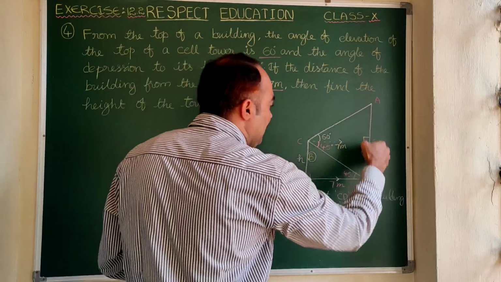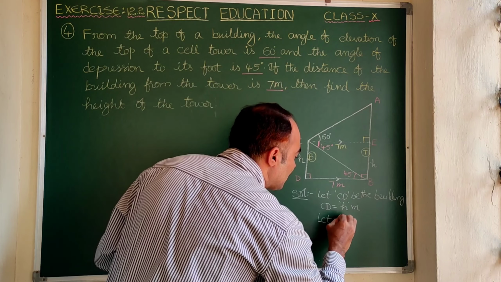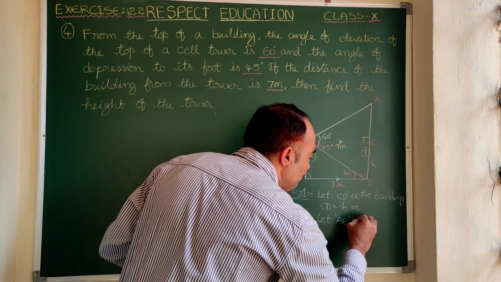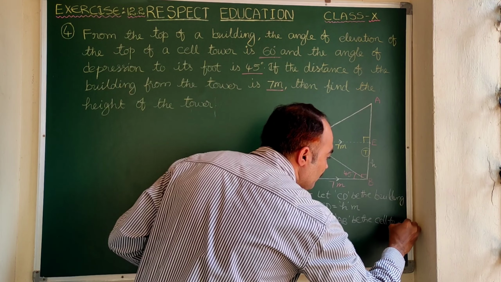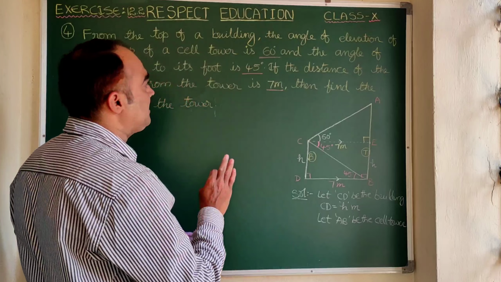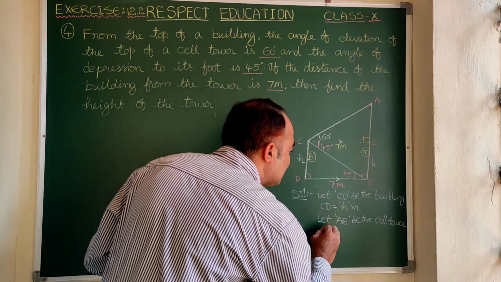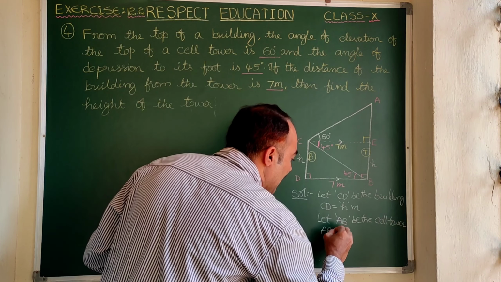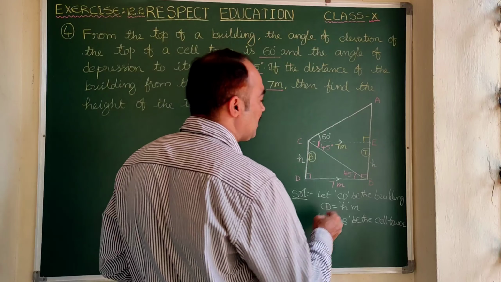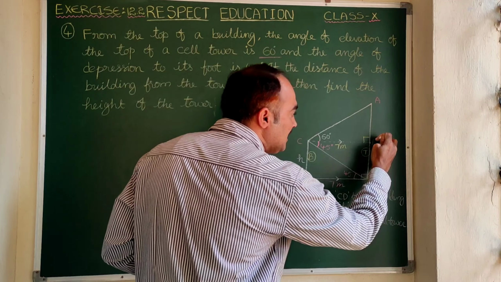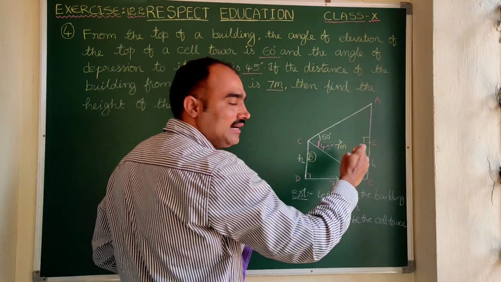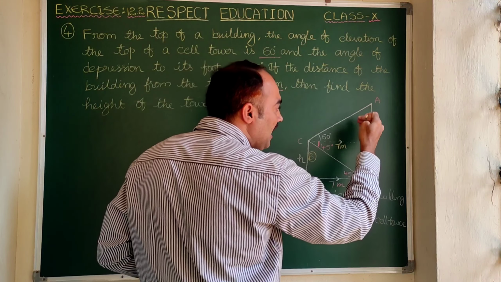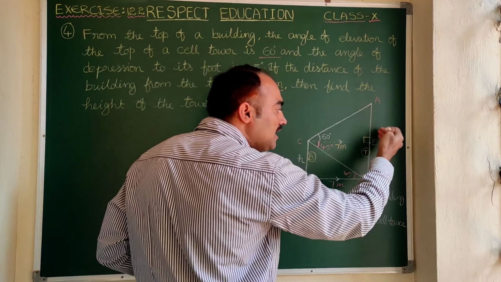Now let AB be the cell tower, whose height is also not mentioned. Let us observe carefully, here to here it is H. Let us consider this remaining height as some other alphabet, for example, H dash.